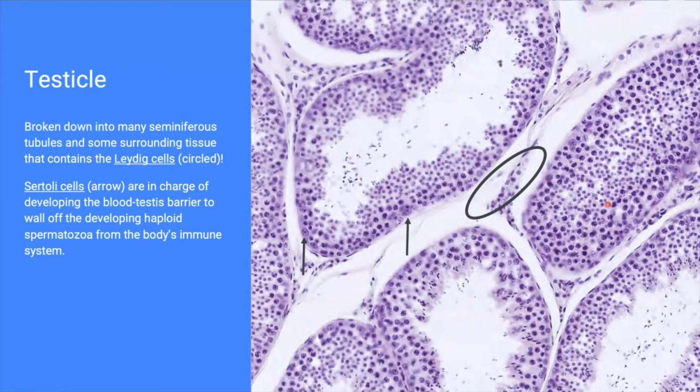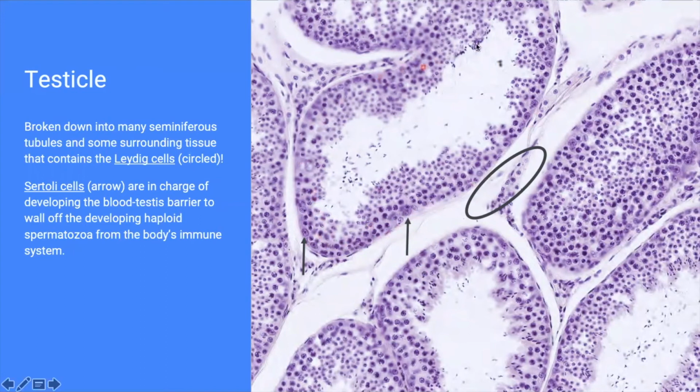And there is a significant blood-testis barrier to prevent autoimmune attacks, basically, of those developing sperm cells. And that is accomplished by these cells here, termed Sertoli cells.